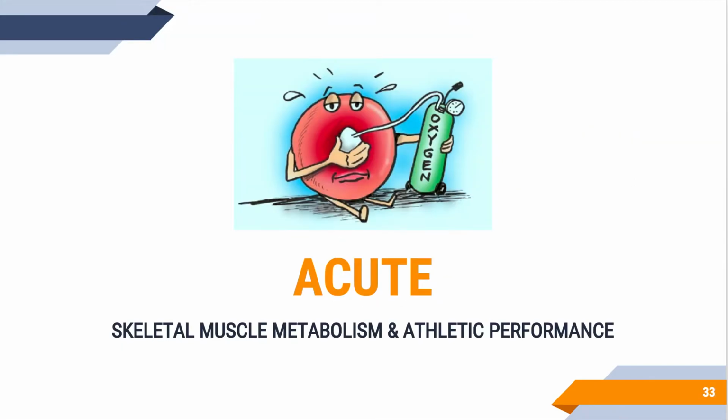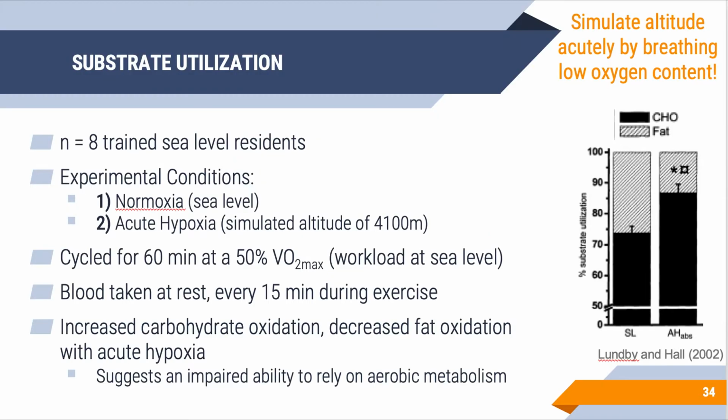So the first thing I want to discuss before we talk about acclimation is what happens during acute exposure to altitude. So importantly, and for us, is this context of substrate utilization. So what this study did was looked at 8 trained sea level residents. So they did 2 experiments, one under normoxia at sea level and one under acute hypoxia where they simulated 4,100 meters above sea level.